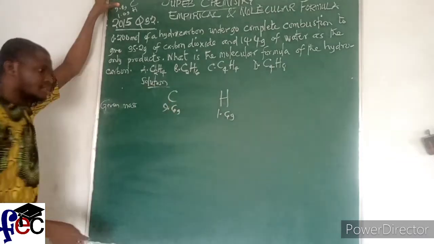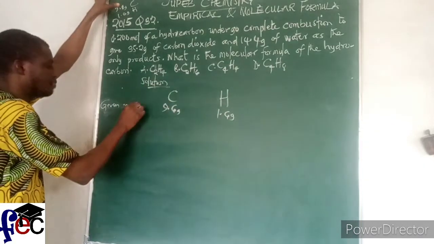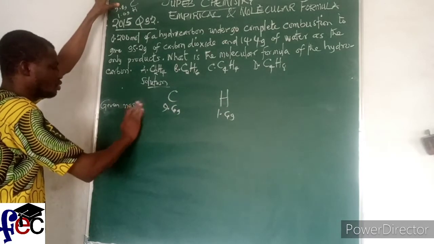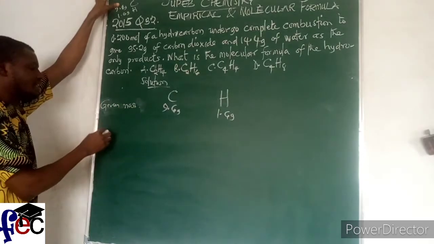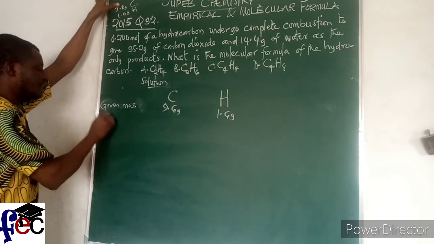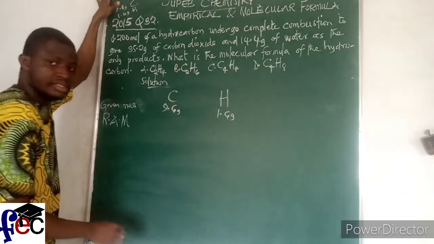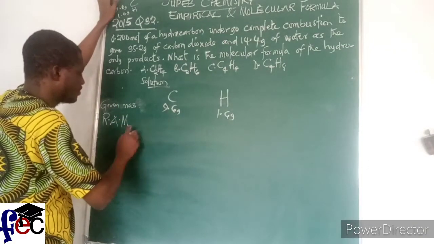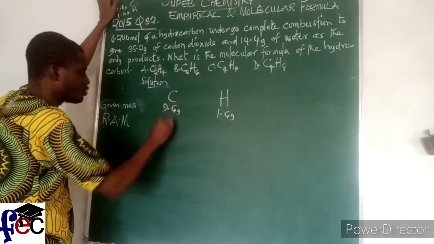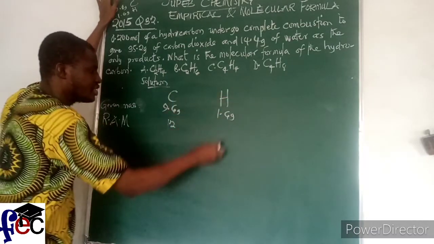Then what is the relative atomic mass of this element? The relative atomic mass for carbon is what? 12. For hydrogen is what?